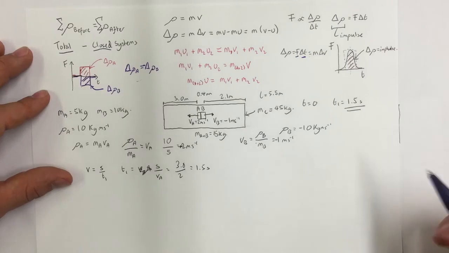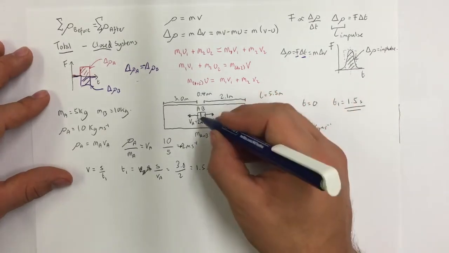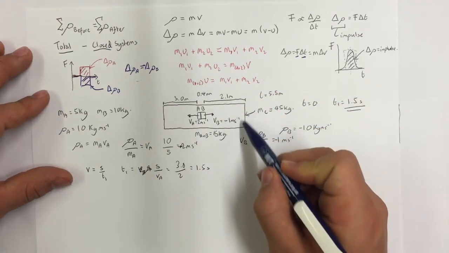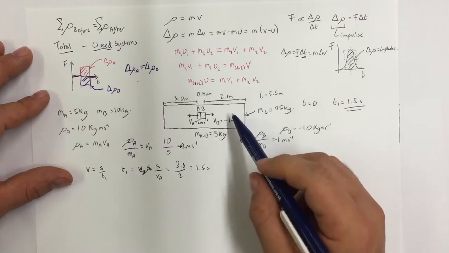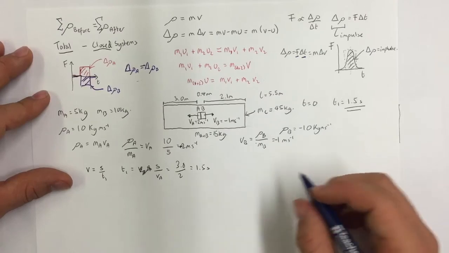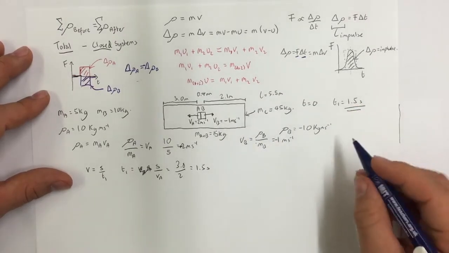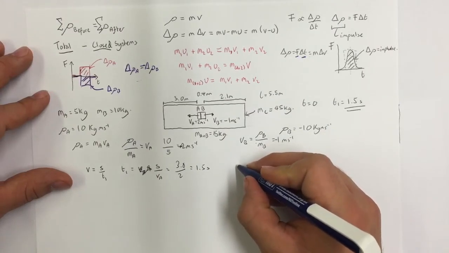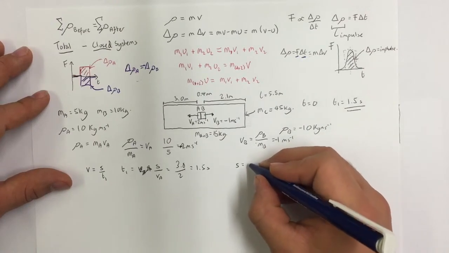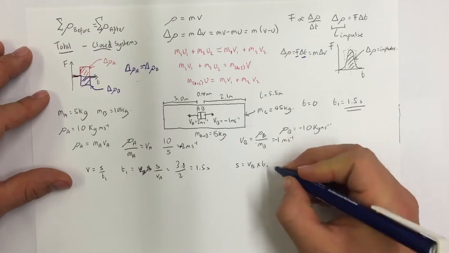Now what I want to calculate is how far left. So you imagine a couple of seconds later, B still hasn't hit this wall of this container because it's going slower. I want to know how far it's got left to go. So I know that it's been travelling after this point for 1.5 seconds, at a speed of minus 1 meter per second. So the distance it will have travelled will be equal to the velocity of B times the time, t1.